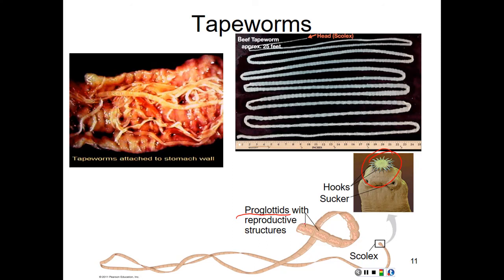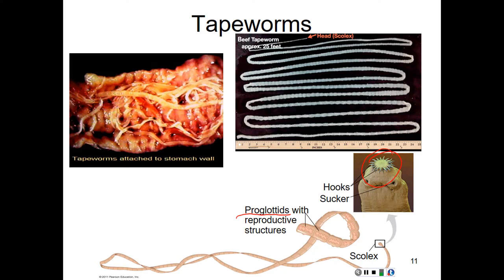So there will be eggs inside these defecated proglottids that then get eaten by an intermediate host like a cow, a pig, or a sheep. And the tapeworm larvae will develop in cysts in the muscle of this host. So that's the intermediate host.